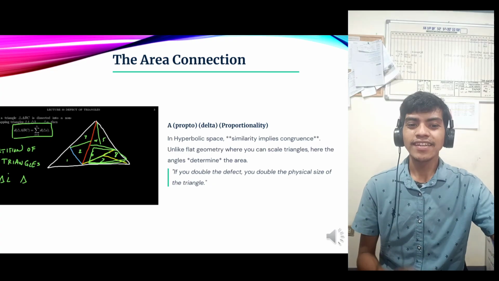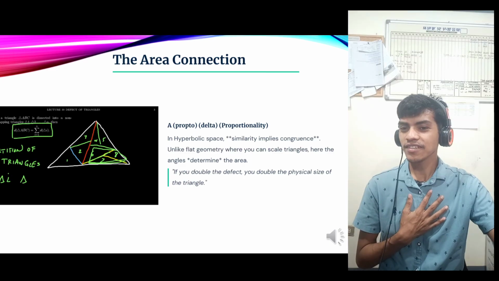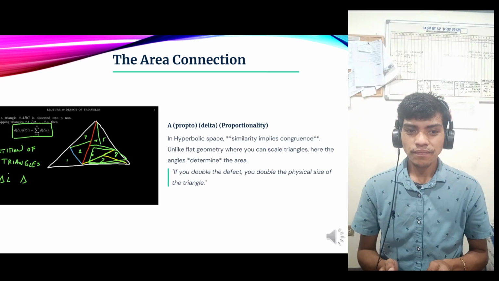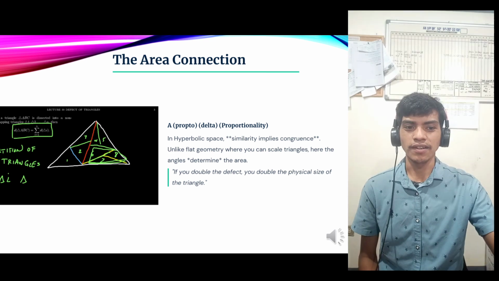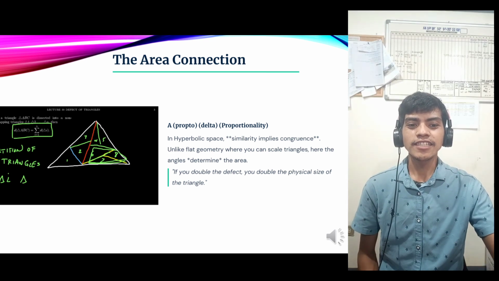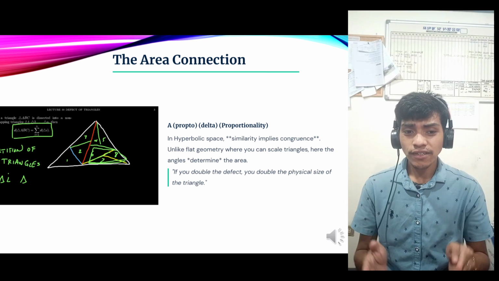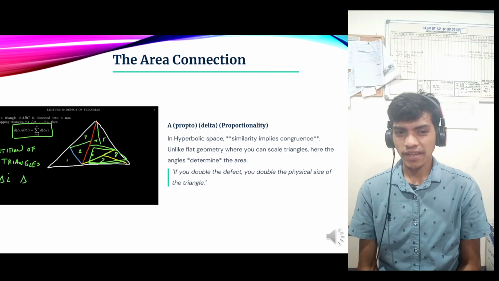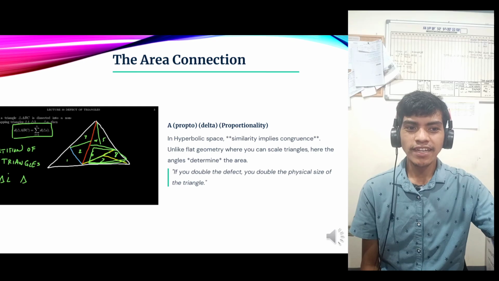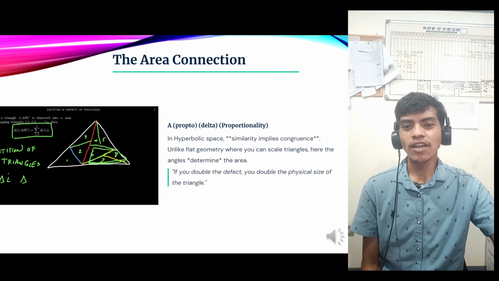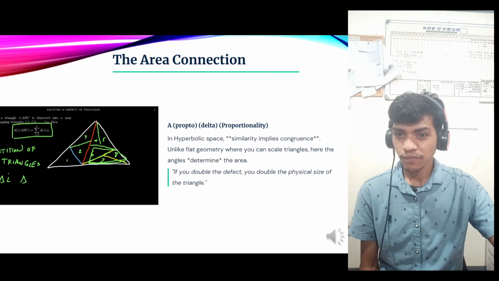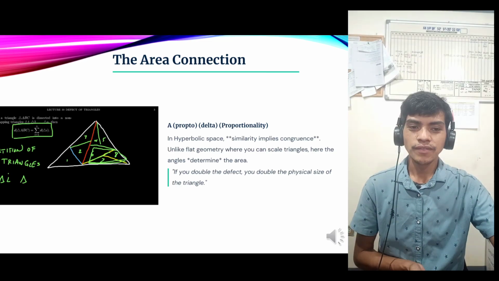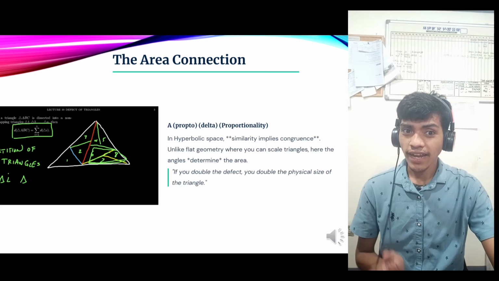As the triangle expands across the curved surface, notice how the interior angles sharpen or widen to accumulate the space. Do you really understand the area of connection from the area of the defect delta to proportionality? Now, let's proceed to analyze it.